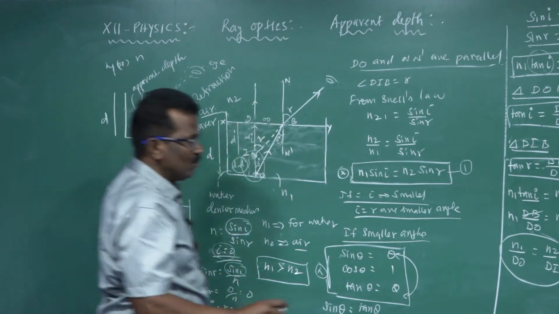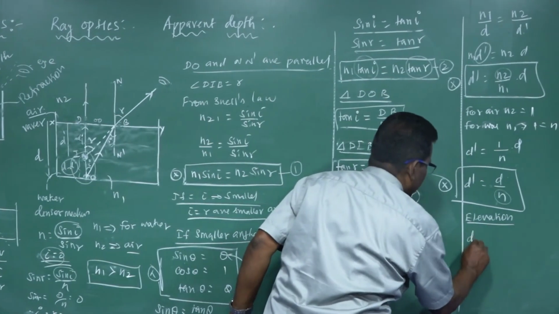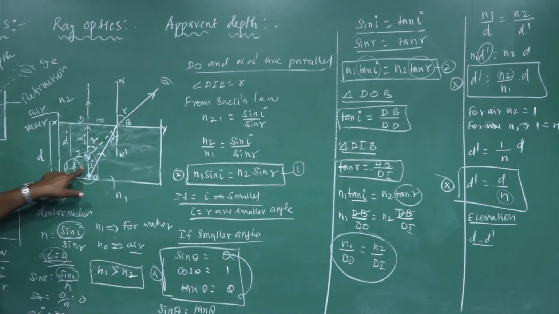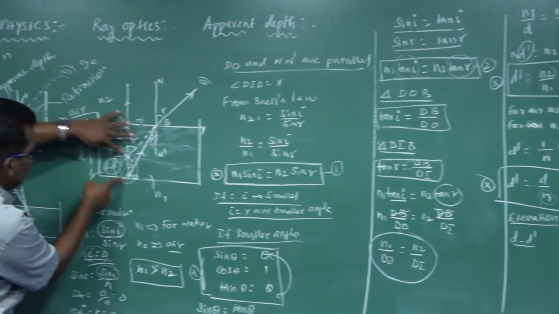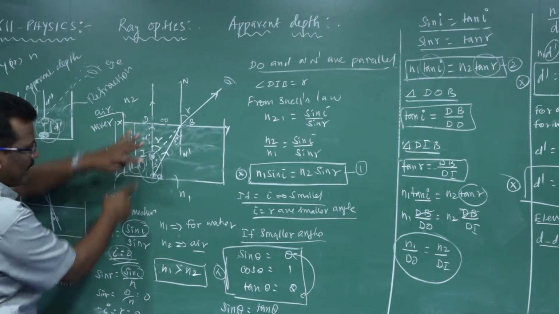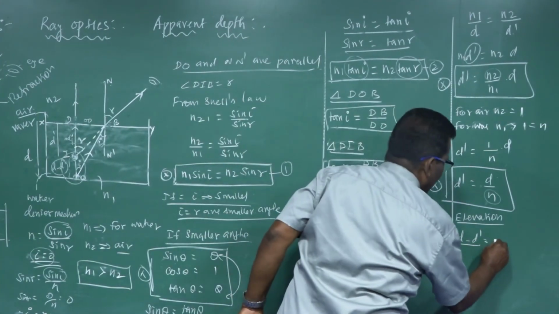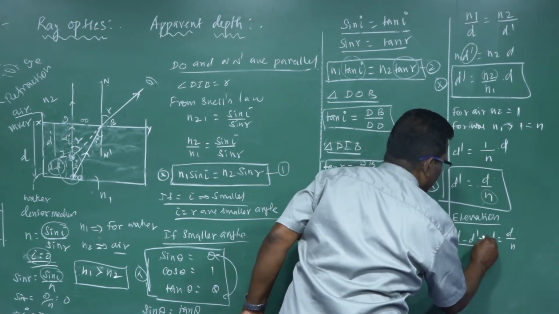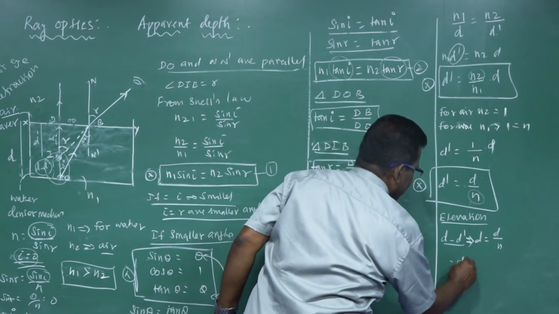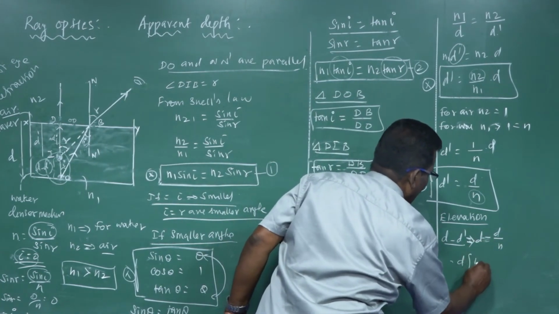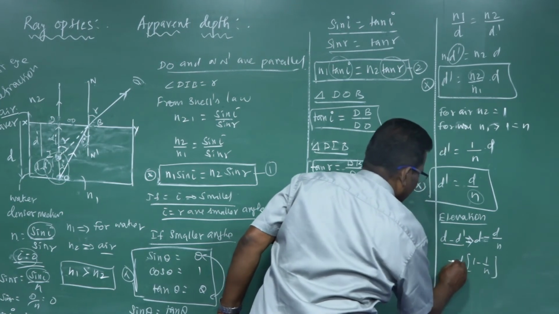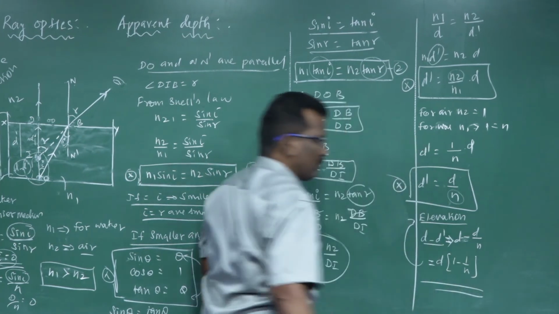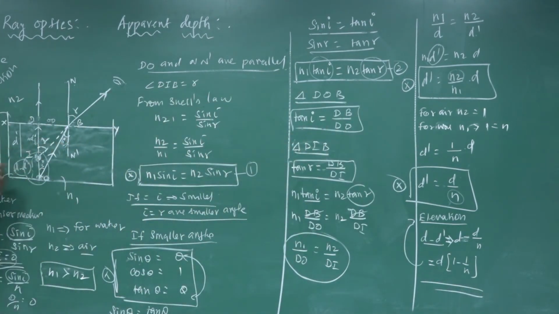That is elevation, so it is D minus D prime. D prime is already calculated as D by n. Take D common: D times 1 minus 1 by n. That is the elevation. Elevation can be calculated.